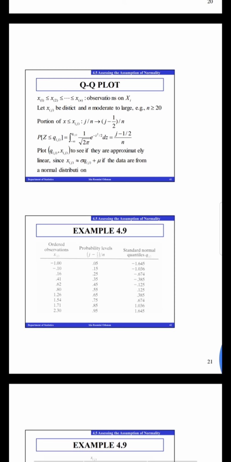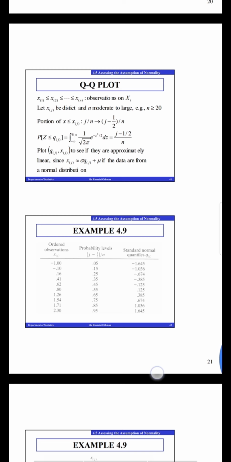So actually, we will use two methods to see whether our variable is normal or not, which is using the QQ plot, using the graphical plot, ataupun another one is using the test.